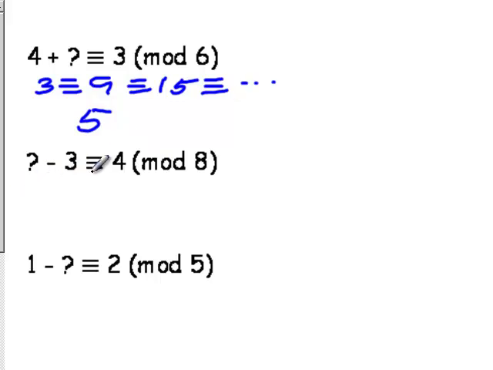What number minus 3 will give us 4 in mod 8? I'm looking for a number that, when I subtract, I get a 4, and 7 works, because 7 minus 3 is congruent to 4 in mod 8.